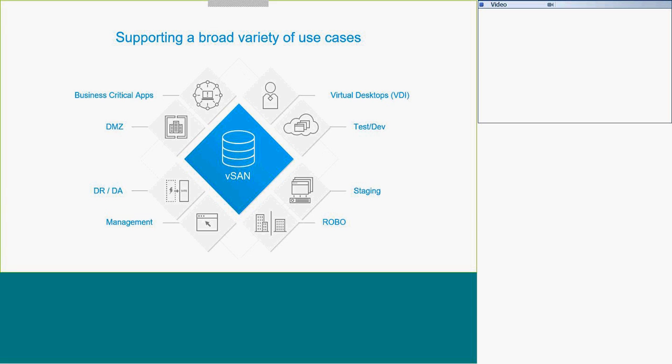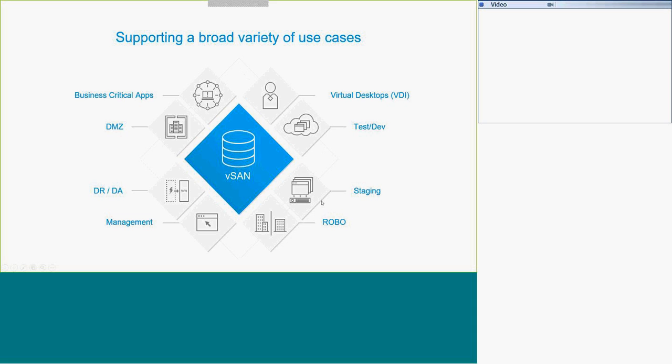The use cases for vSAN are pretty wide. It started as a data store for virtual desktop infrastructure or end-user computing. It was optimized for that type of workload, but it has been enhanced and improved to cover a wide variety of workloads.